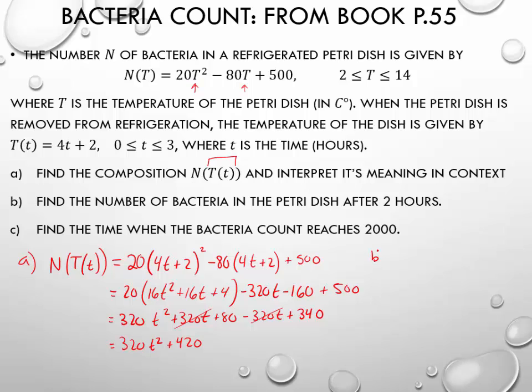B. Find the number of bacteria in the petri dish after 2 hours. Okay? Bacteria grow in the heat. So we would have 320 times 2 squared plus 420. We have 320 times 4 plus 420.